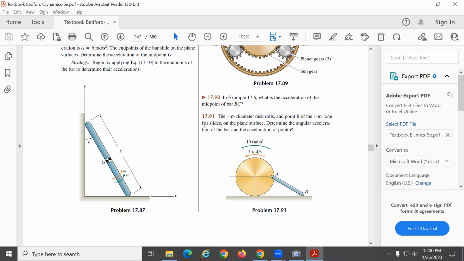And the bar L will also be 1 meter. Determine the angular acceleration of the bar and the acceleration of point B. So alpha AB and A sub B. Oh, and they give us omega equal to 4 radians per second, and alpha equal to 10 radians per second squared.